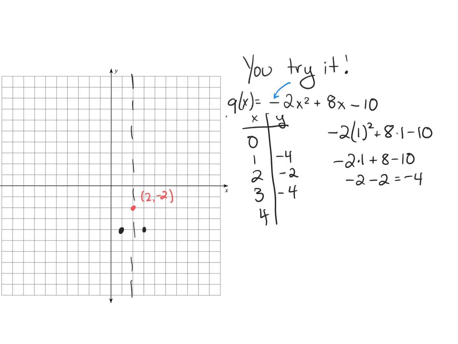Let's plug in 0. If I plug in 0, everything cancels out except for that negative 10 right at the tail end. And same thing on the other side. So that will be here and here, and my parabola will look just like that.